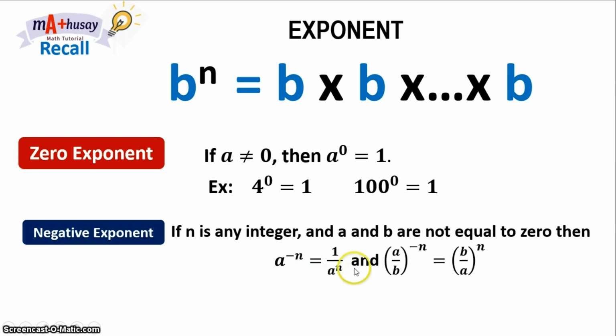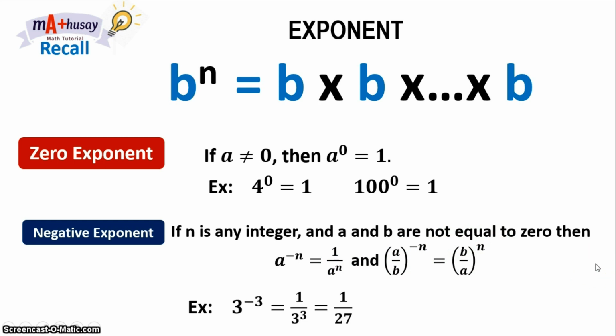Pero yung ating exponent ay magiging positive. Or in this case, kung halimbawa ang base natin ay fraction with the negative exponent, kukunin natin yung reciprocal ng fraction, tapos yung exponent ay magiging positive.